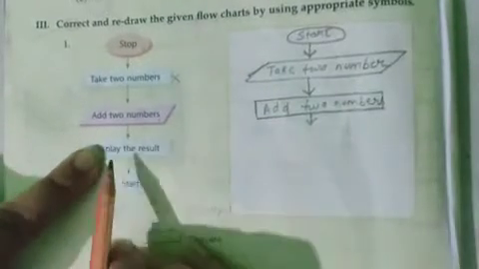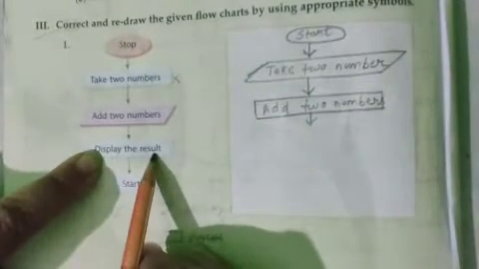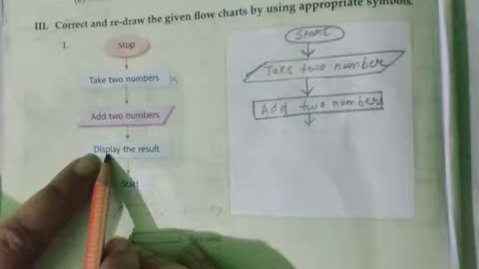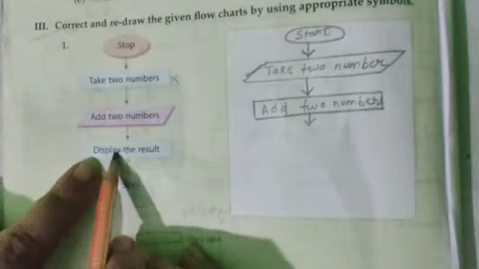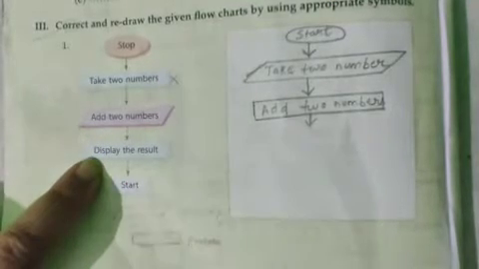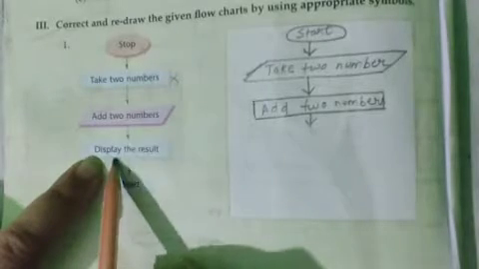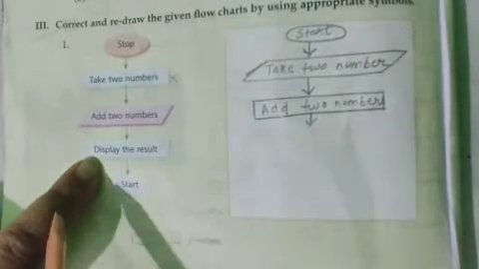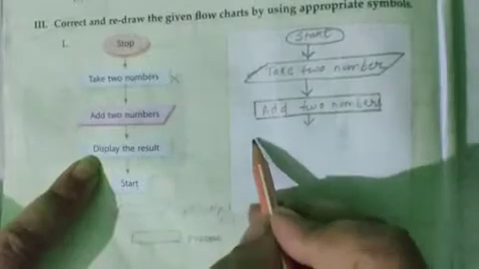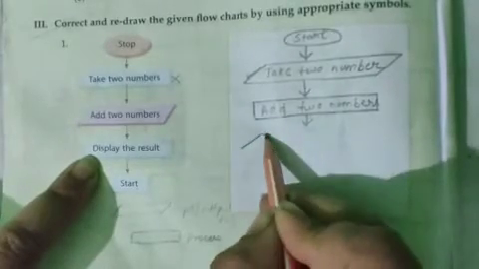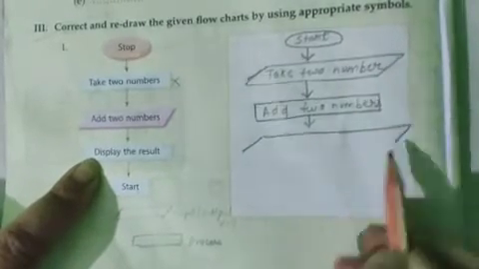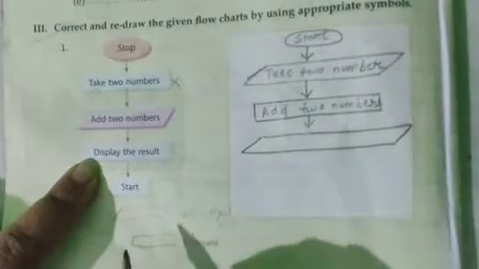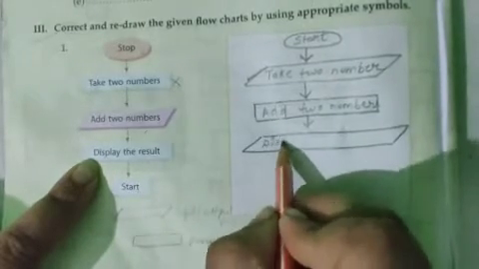Okay, next. Display the result. Now here we are showing the result. We are telling you the result. Then the instruction which shows the result should be written inside the input output box. And input output box is like this, in parallelogram shape. Okay, children. Now write down the instruction.